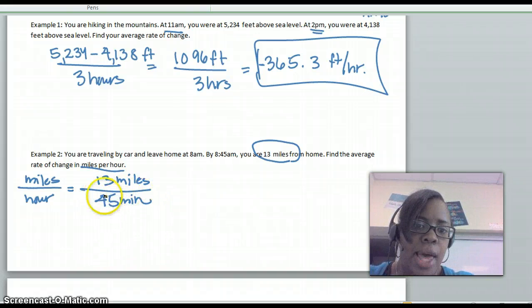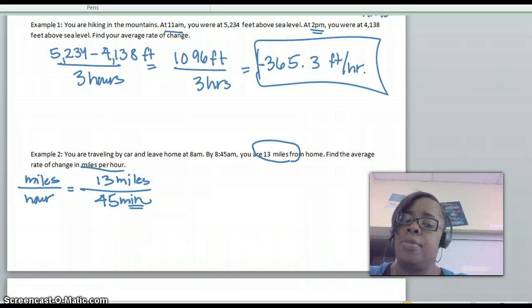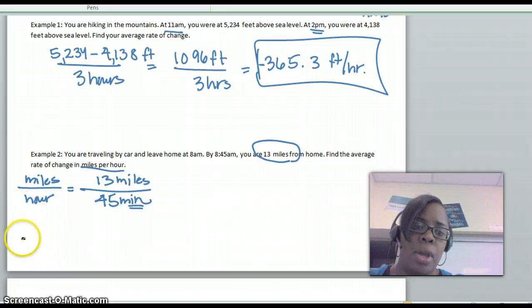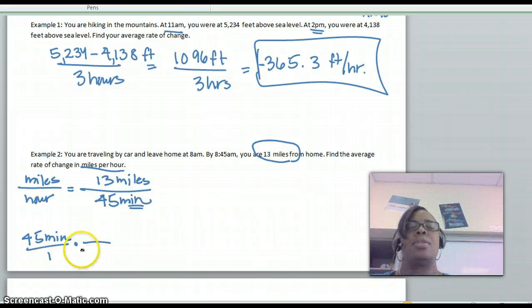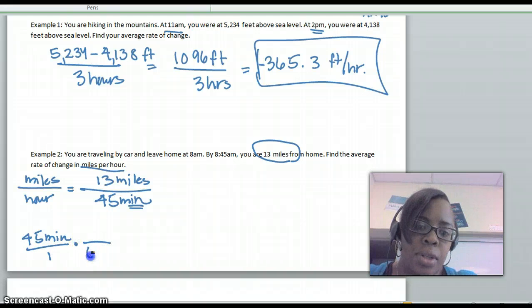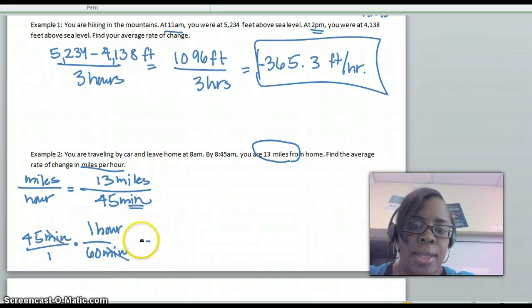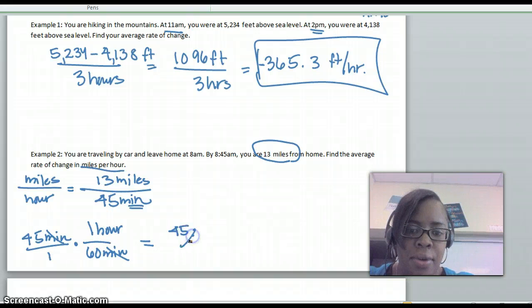But Houston, we have a problem. This is asking me for miles per hour, not minutes. Luckily for us, we have studied this before, and we know that 45 minutes over 1, we can use a conversion that there are 60 minutes in an hour. So 60 minutes goes on the bottom and 1 hour goes on top. Your minutes cancel out, and then you have 45 over 60 hours.